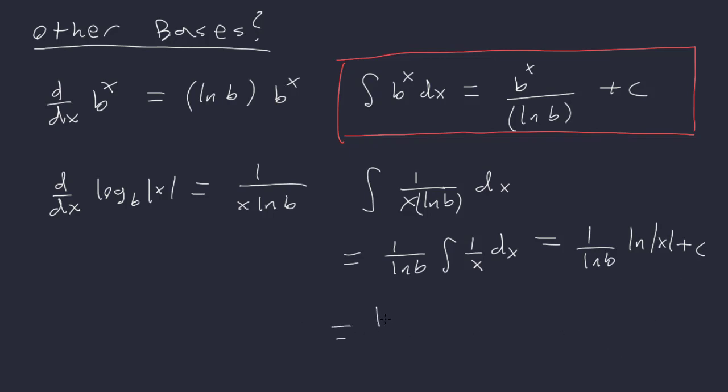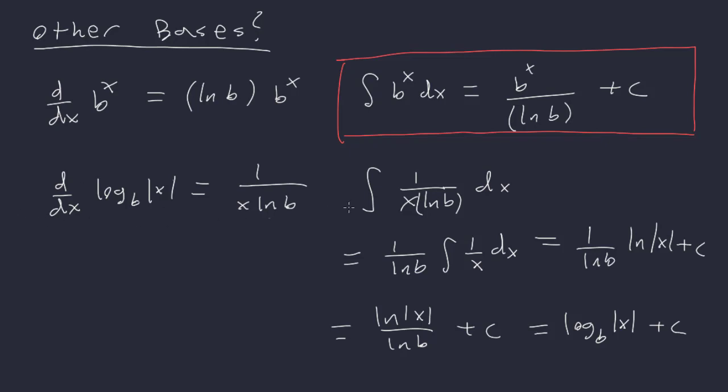Okay, so does this end up being the same thing as this, log base b of x? Well, yes, because one of our log rules is that if we have the natural log of absolute value x over the natural log of b, we can rewrite that as log base b of the absolute value of x plus c.